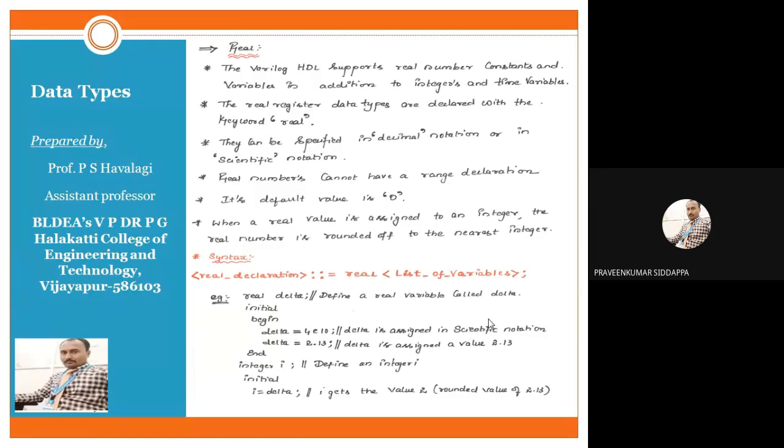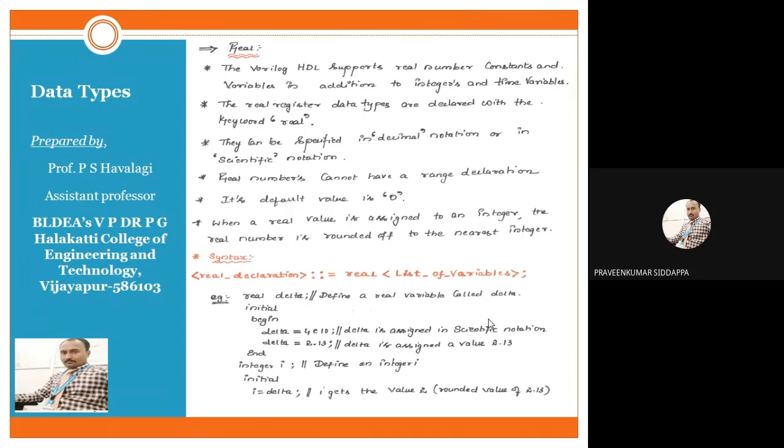So end. Next, initial i is equal to delta. Here i is an integer. Whatever data is in the delta variable is assigned to i, so it will take an integer value. The output would be a real number, but it is given to the integer.